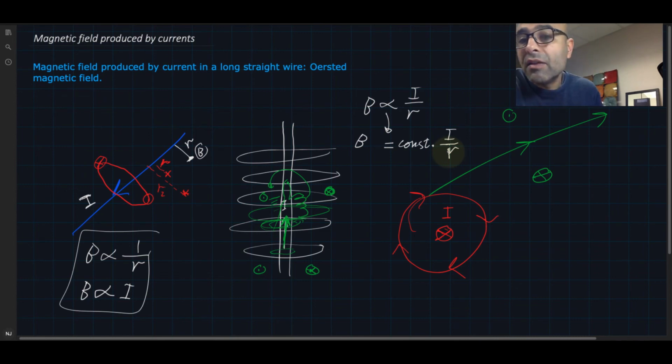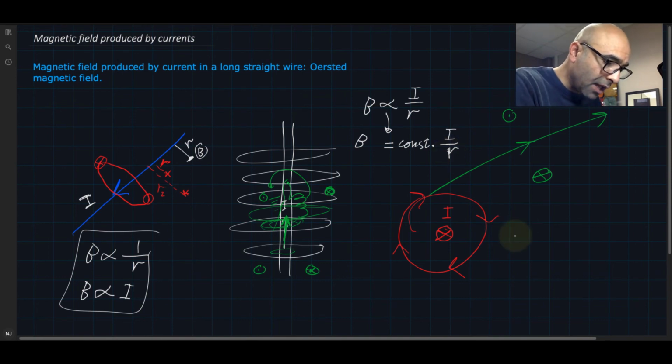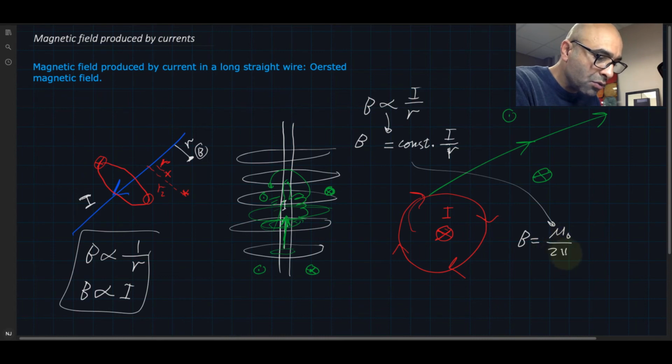So they did many experiments, like drawing graphs and finding numbers, and then they found out that this constant, I'm going to write it down here, is called mu naught over 2 pi. That's the constant they were looking for.